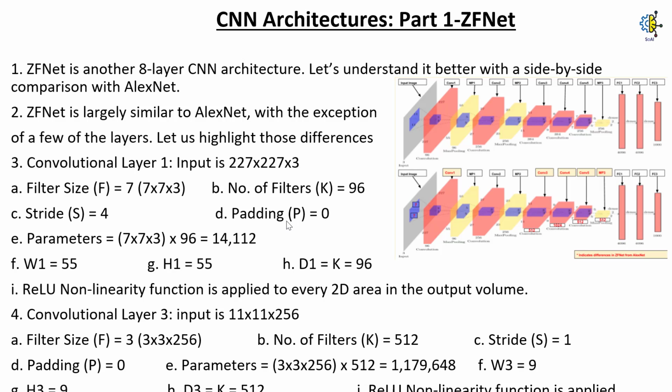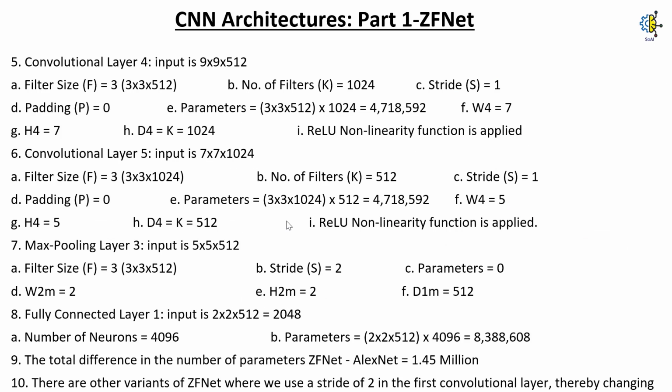W3 is 9, H3 is 9 and D3 is 512. ReLU non-linearity function is applied. Convolutional layer 4 input is 9 cross 9 cross 512. Filter size is 3, number of filters 1024, stride 1, padding 0 and the parameters are 47 lakh 18,592. W4 is 7, H4 is also 7 and D4 is 1024.